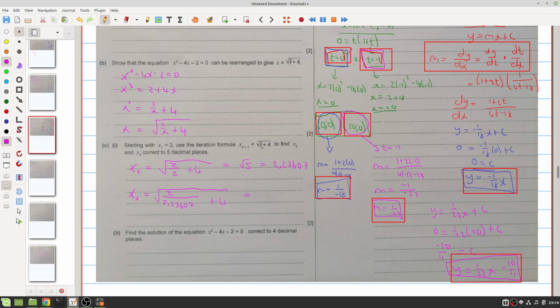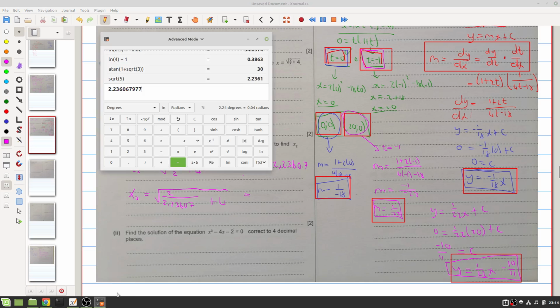Let's type that on the calculator again. This time I'm going to type the whole square root of 2 divided by 2.23607 plus 4. That gives us 2.21234.